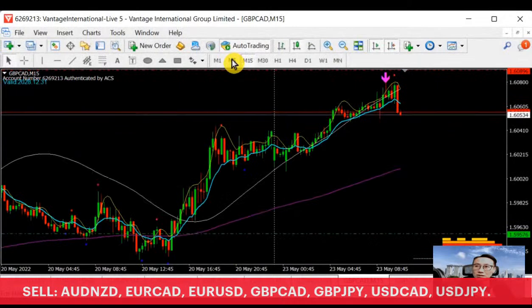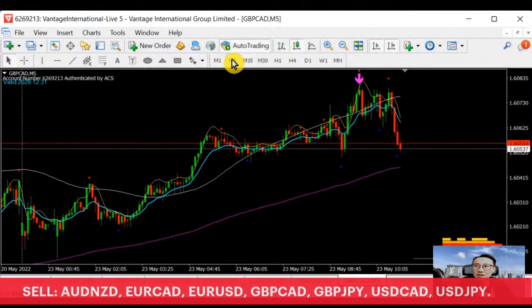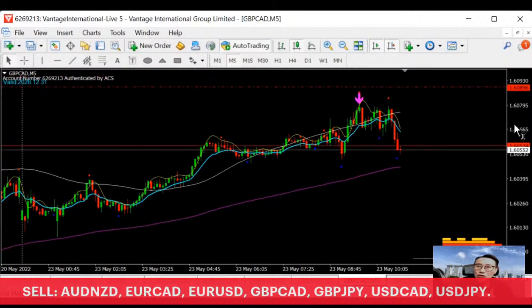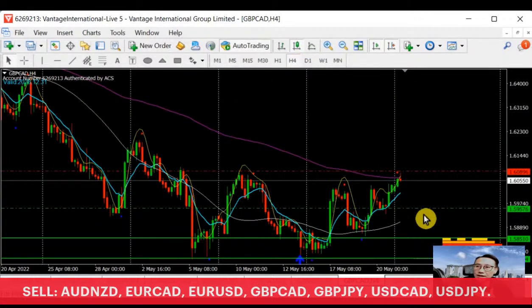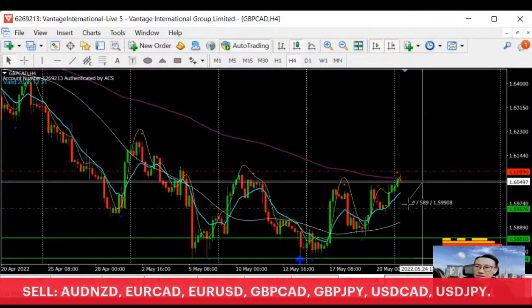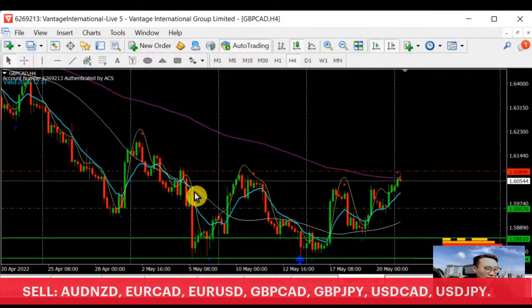Wow, we have already missed this, it has tested on this. But we have about another 100 pips of space to go, so we have plenty of space. Just hang on with this. Pound CAD has a lot of potential, so just pay attention to pound CAD right now.